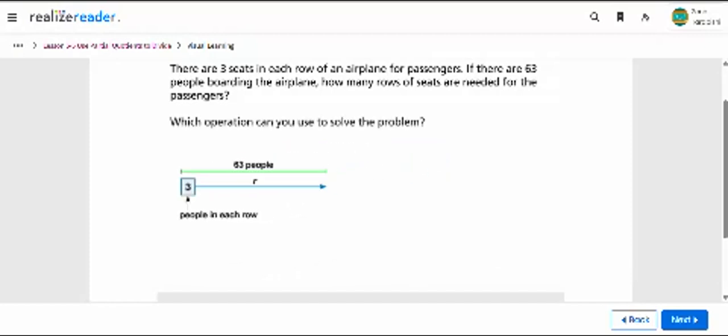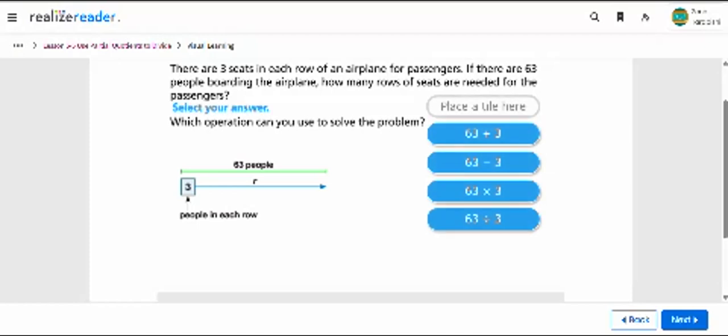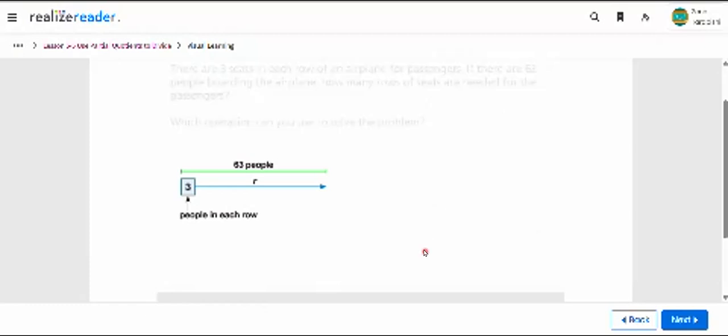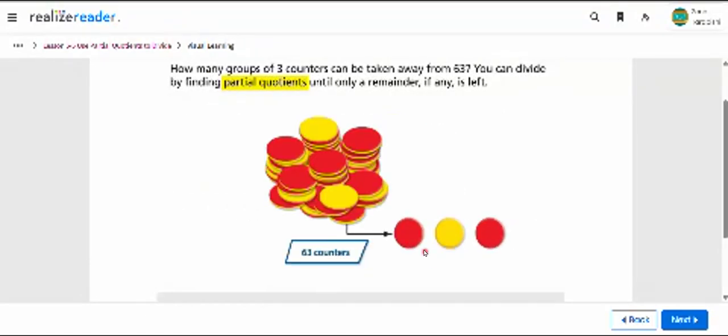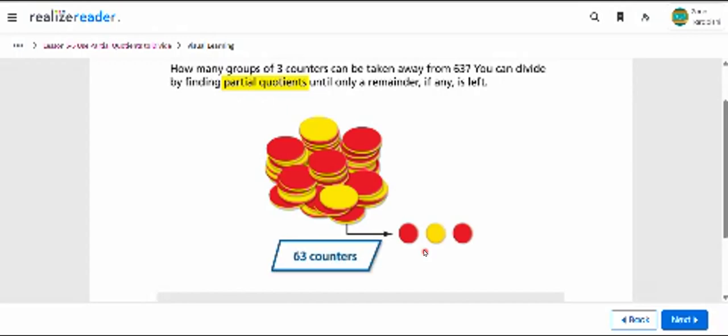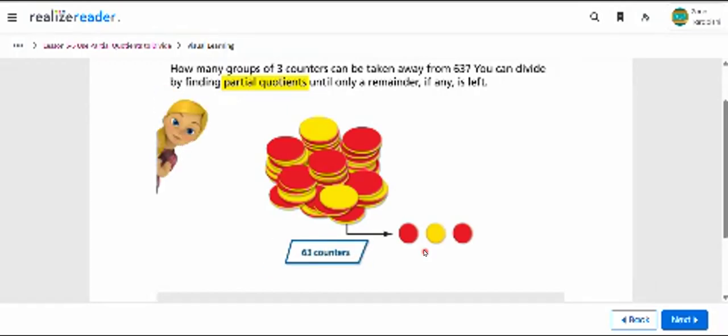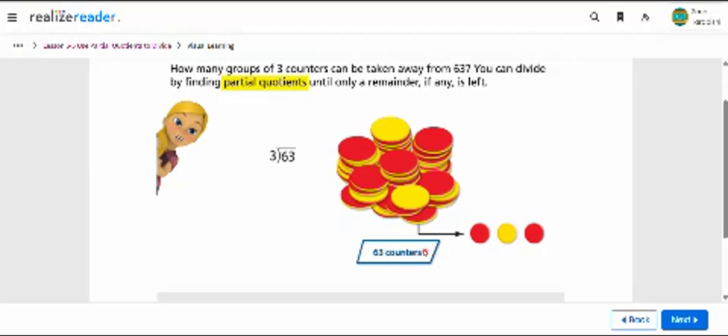Which operation can you use to solve the problem? How many groups of 3 counters can be taken away from 63? You can divide by finding partial quotients until only a remainder, if any, is left.